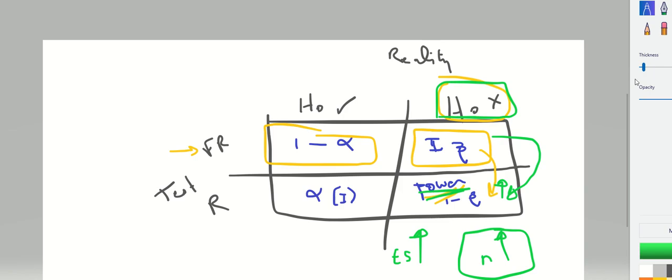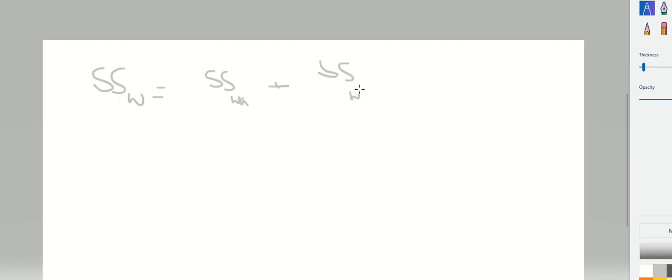I'm just pulling this up to remind you of the formula. When you're doing the sum of squares within, you're going to calculate the sum of squares within group A, for example, plus the sum of squares within group B, plus the sum of squares within group C, etc. So you take the standard deviation of group A, you square it, and you multiply it by the degrees of freedom, which is the number in group A minus 1.